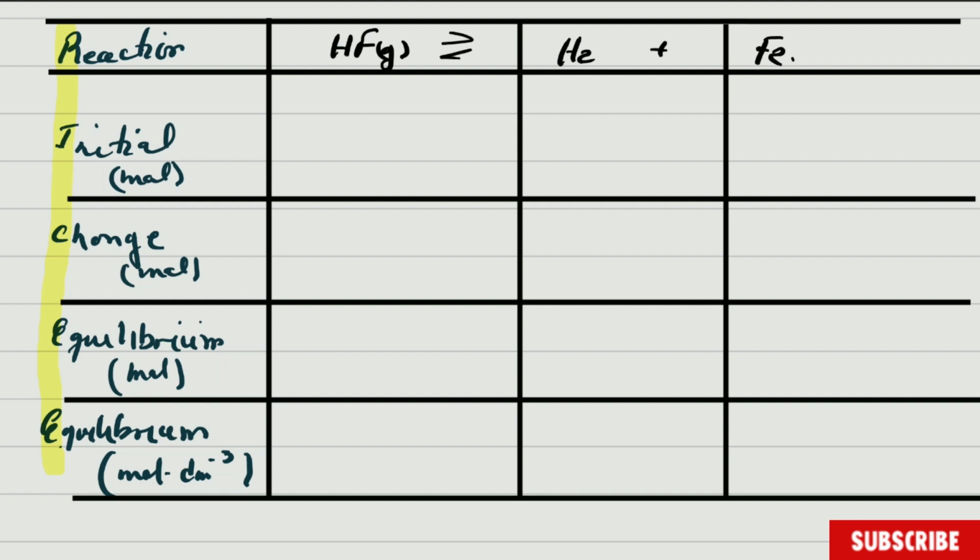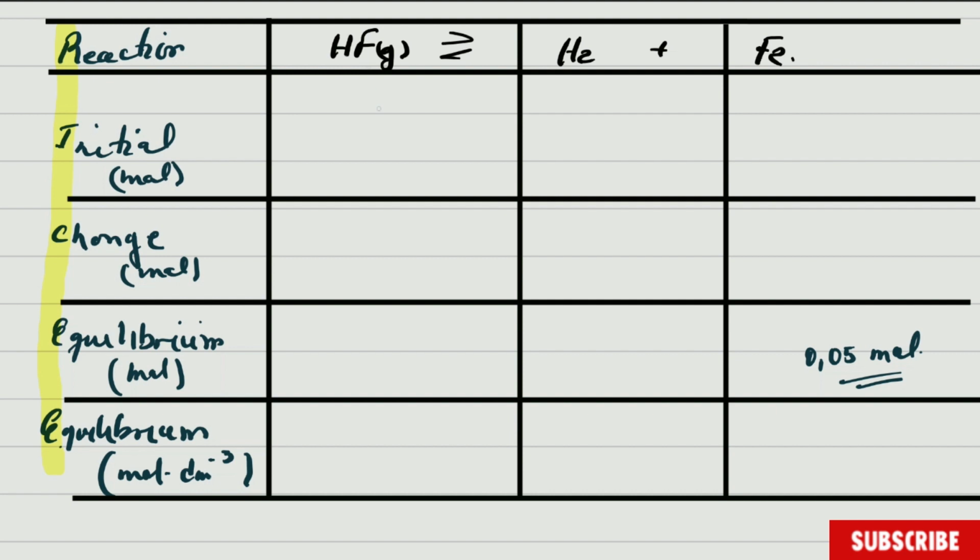The question said that at equilibrium it is found that 0,05 mole of fluorine is present. So at equilibrium, you know that the amount of fluorine formed is going to be 0,05 mole. Now this one, guys, is given to you. What else is given to you? Calculate the initial amount of mole of hydrogen fluoride.